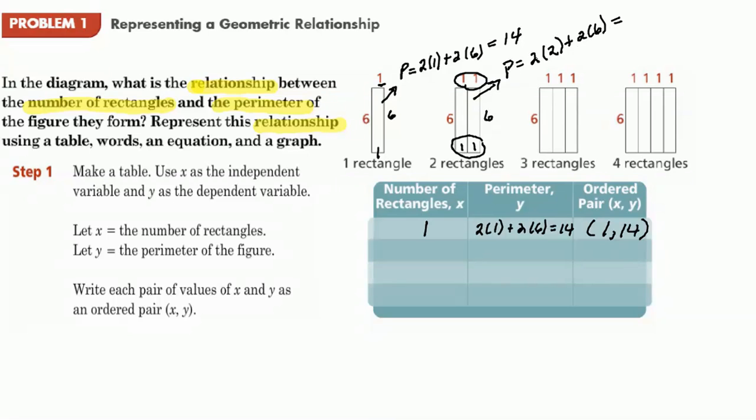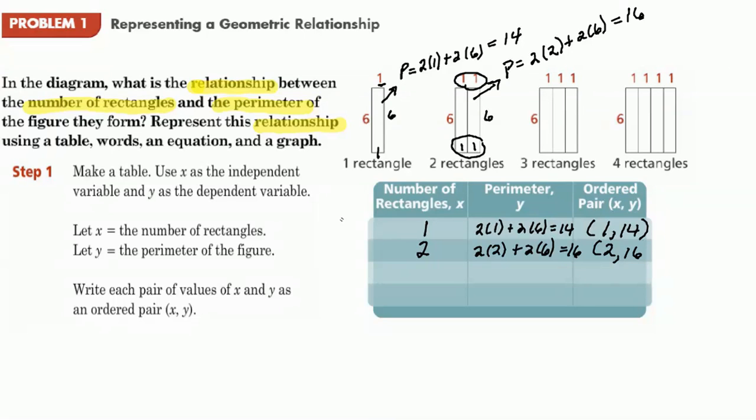And so 2 times 2 is 4, and this is 12. So 12 plus 4 is going to give us 16. So we will write 2 times 2 plus 2 times 6 equals 16, and our ordered pair is 2 and 16.